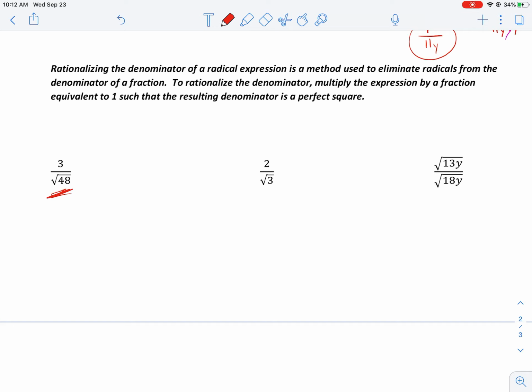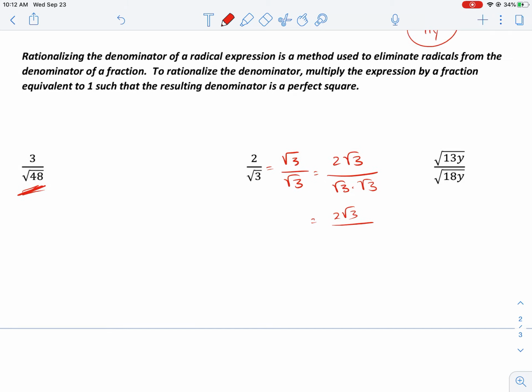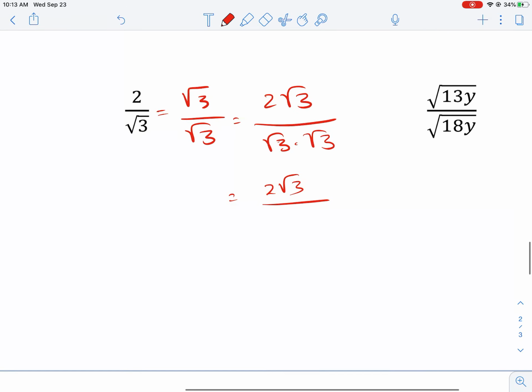Now let's do number 2 first, because this one's going to be easier. We've got a radical on the bottom, so if I multiply the top and the bottom by square root 3, what happens? On the bottom we get square root 3 times square root 3. We can move those both underneath the radical, so you get 3 times 3.